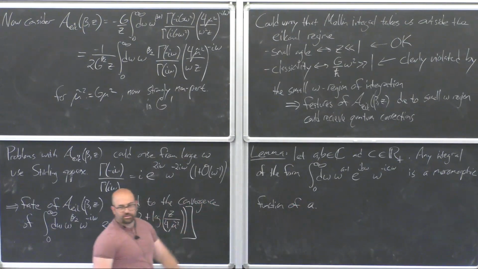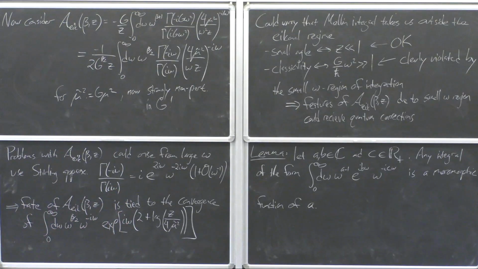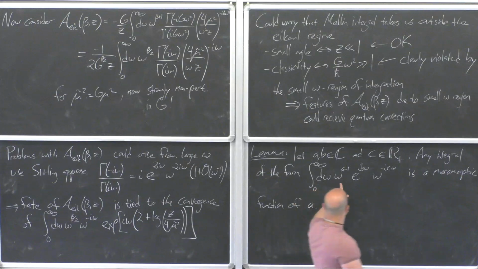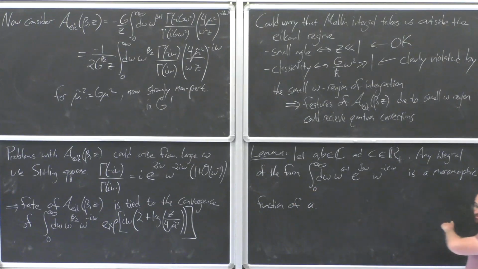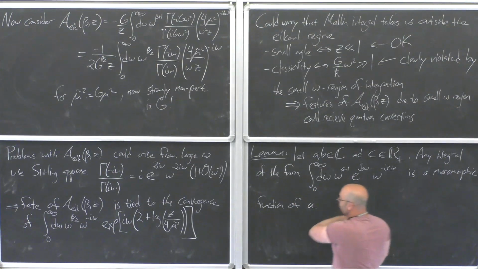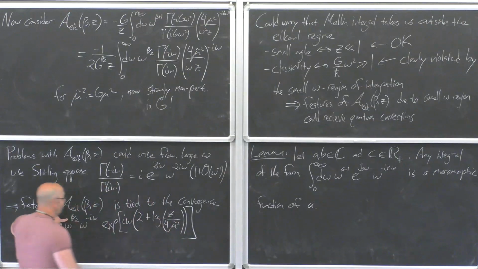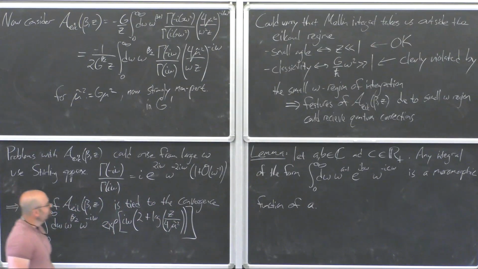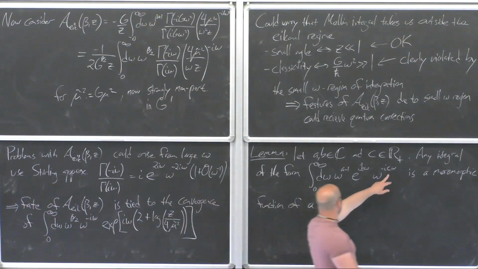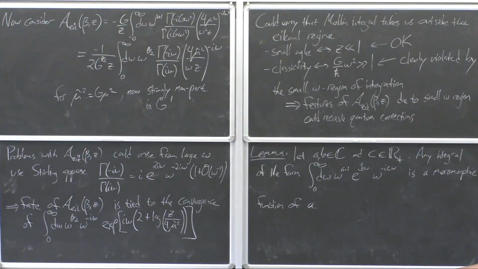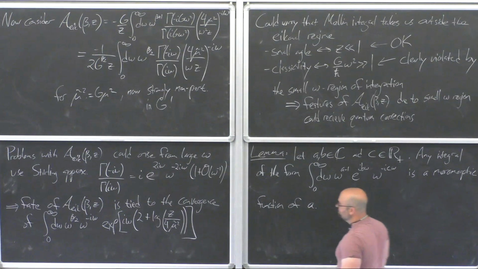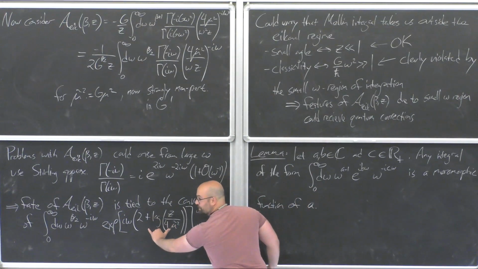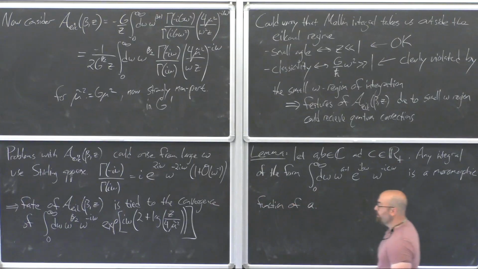Okay, so any integral of that form converges to a meromorphic function of a. This is precisely, our integral is precisely one of this family, right? So a minus 1 is beta over 2, right? c, in our case, is 1. That's a positive real number. And b is this big mess, okay?